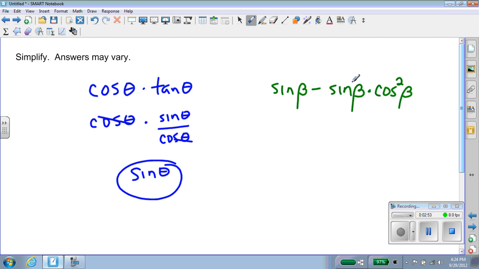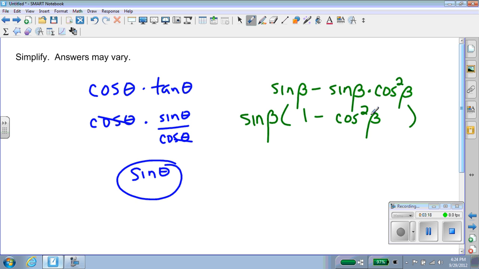I have 2 terms. They both have sine of beta in common. So I'm going to factor out sine of beta. If I factor that out of the first term, I get a 1. If I factor that out of the second term, I get cosine squared beta.